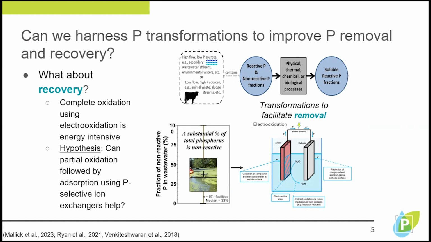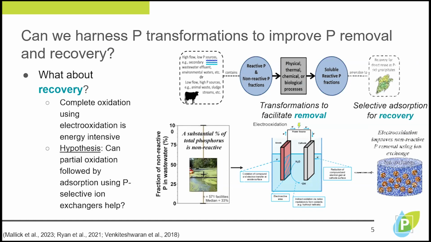Our question then became, can we operate a process like this with oxidation and give it a little extra zap or boost so that we get partial oxidation of the non-reactive phosphorus? That can then help us with subsequent processes that can remove and recover that phosphorus, something like ion exchange, for example. And that was really the basis of this study.